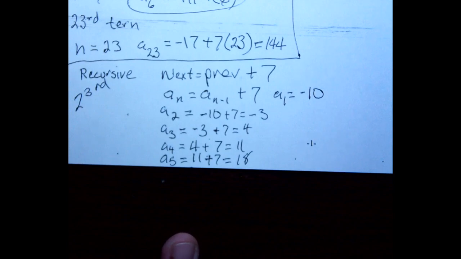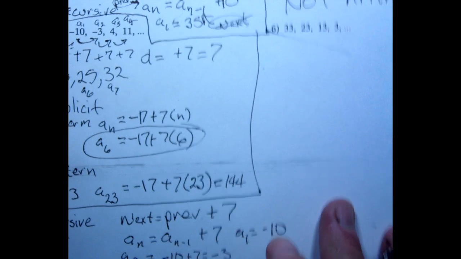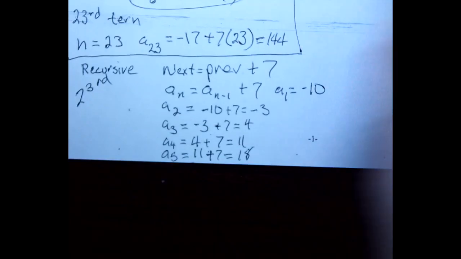So the explicit formula has a benefit: if you know what term you're going to use, you can just plug it in and figure out the value for that term. The recursive will get you the same answer, you just have to repeat a lot, right? We could see that with the recursive.